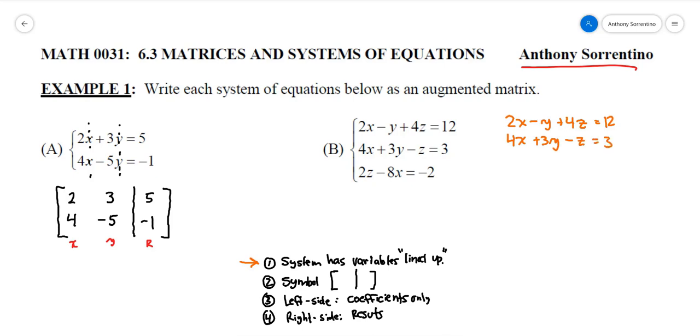The third equation, if you notice, doesn't have a y term, and the z term is coming first. So I really should rewrite this as negative 8x, because that negative is attached to the 8x term, not the 2z, plus, I don't have a y term, but I can think of it as being plus 0y, and I do have a positive 2z term.